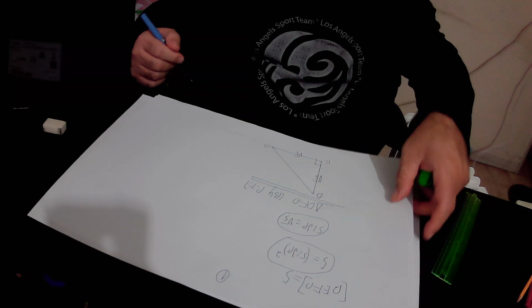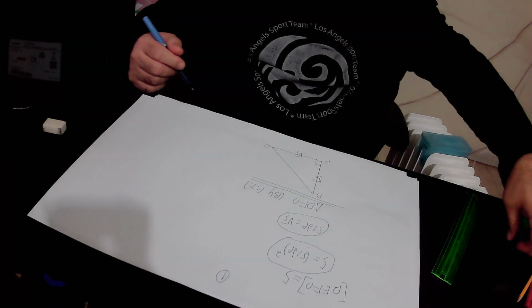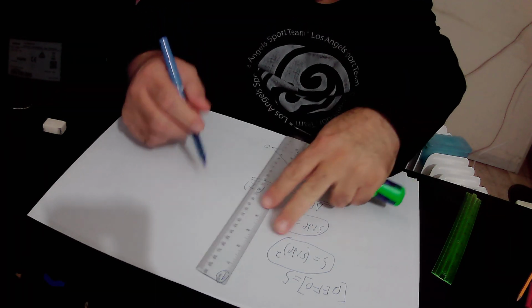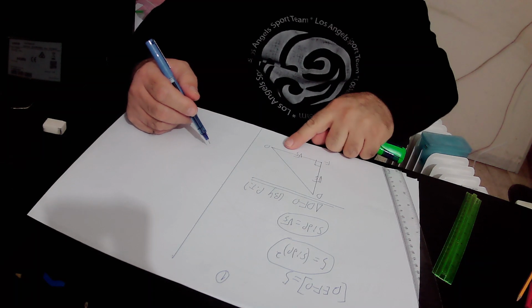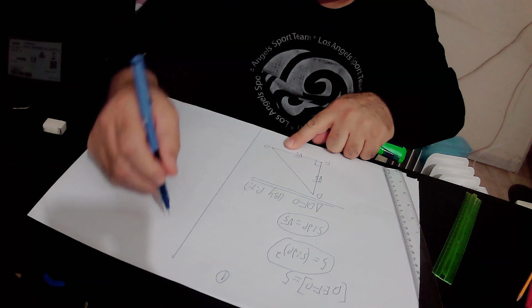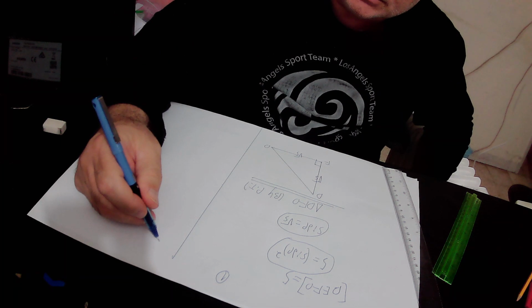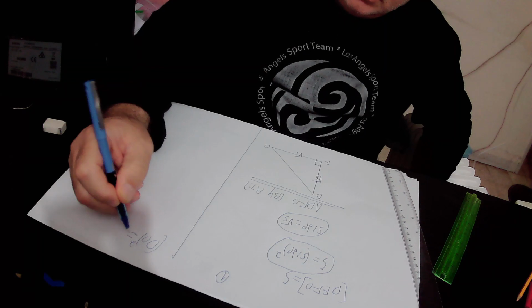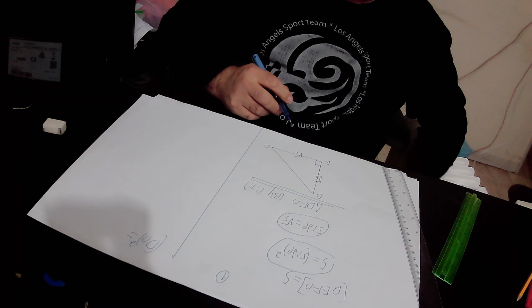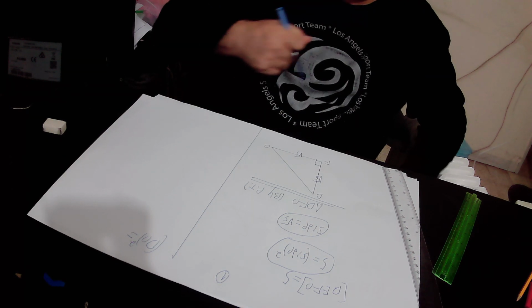So according to the Pythagoras theorem, the square of the hypotenuse, that is to say, the hypotenuse is DO, and therefore the square of the hypotenuse is DO squared, equals the sum of the squares of the perpendiculars.